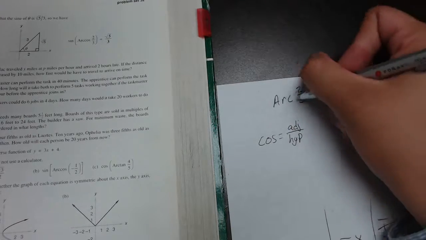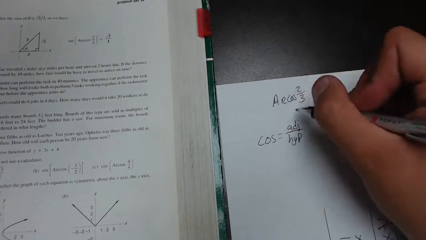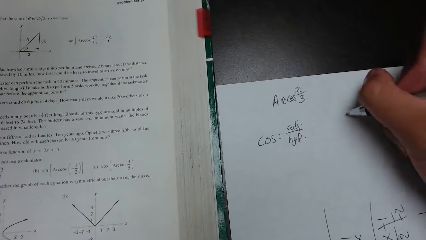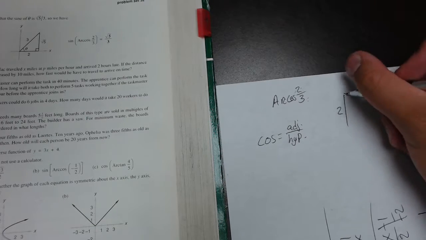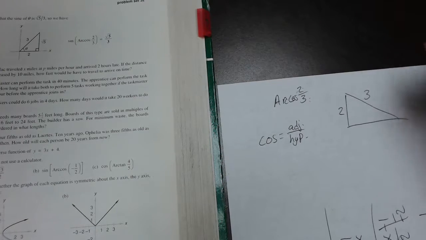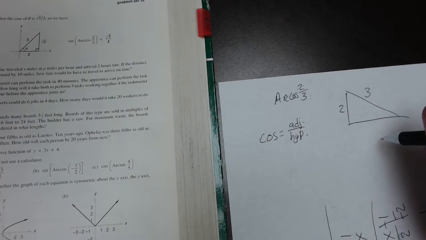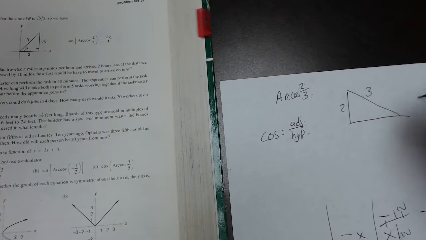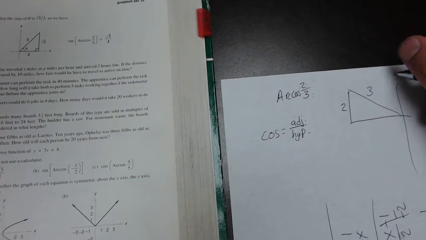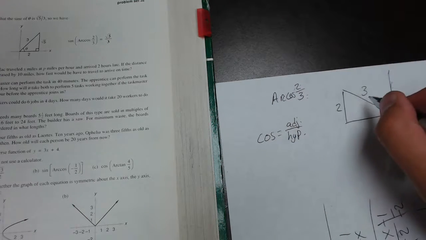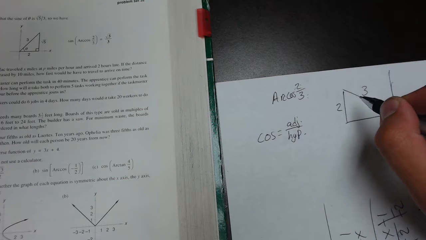And when we do the arc cosine, we're doing the cosine -1 of the adjacent over the hypotenuse. So if the adjacent side of a triangle is 2 and the hypotenuse is 3, I can figure out the other leg. And then once I figure out the other leg, I can actually start using a unit circle to figure out what degrees that is, right? Let me see here. Oh, wait, no, I'm sorry. That hypotenuse is already given.